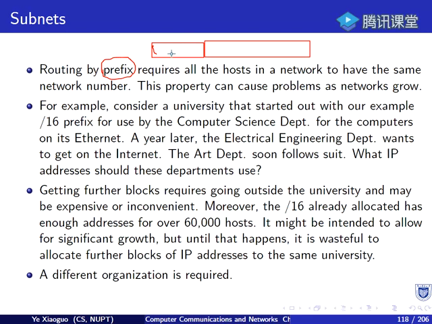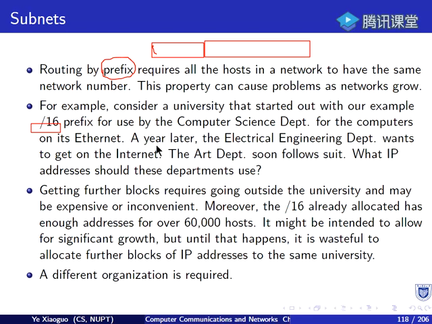This property can cause problems as the network grows. For example, consider a university that starts out with a /16 prefix for use for the computer science department for the computers on its Ethernet.